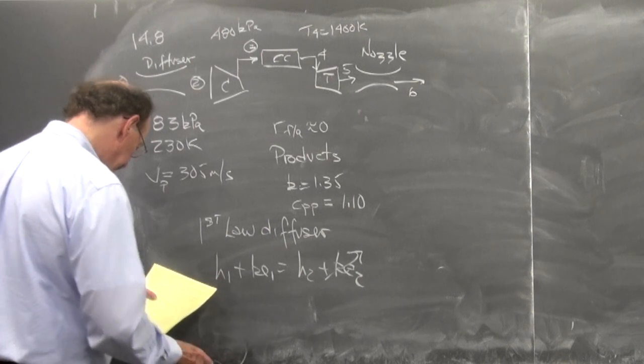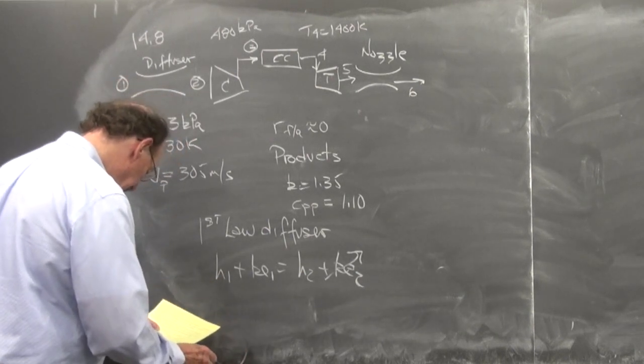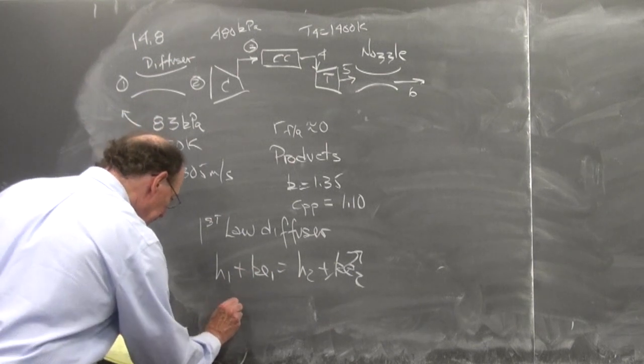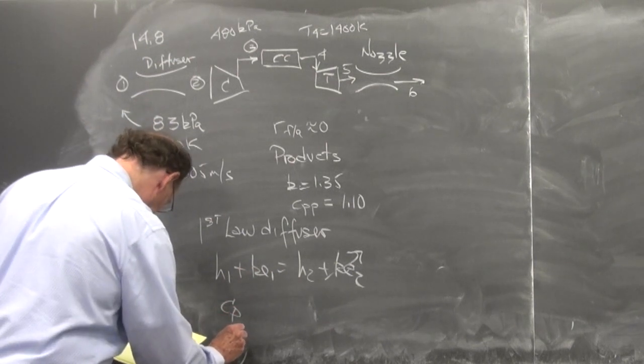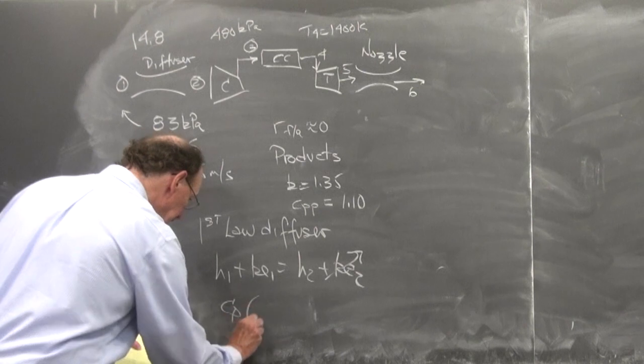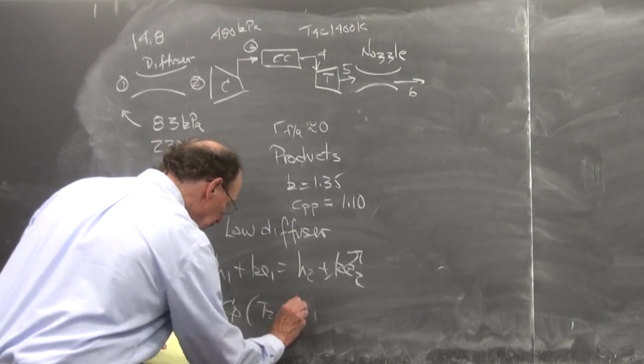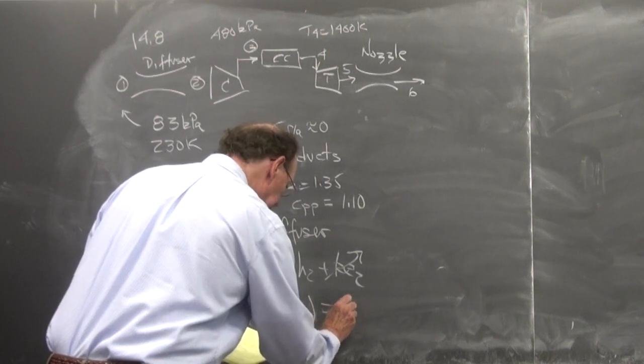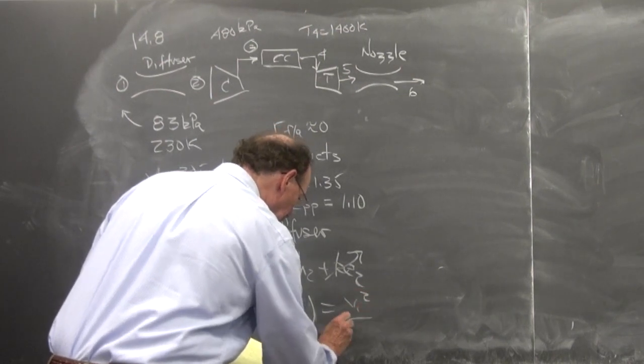Then I separate this: c sub p (T2 minus T1) is equal to V1 squared over 2000.